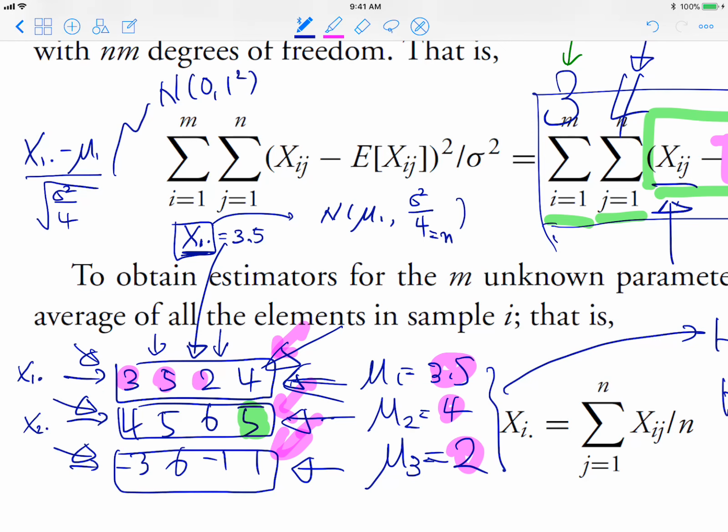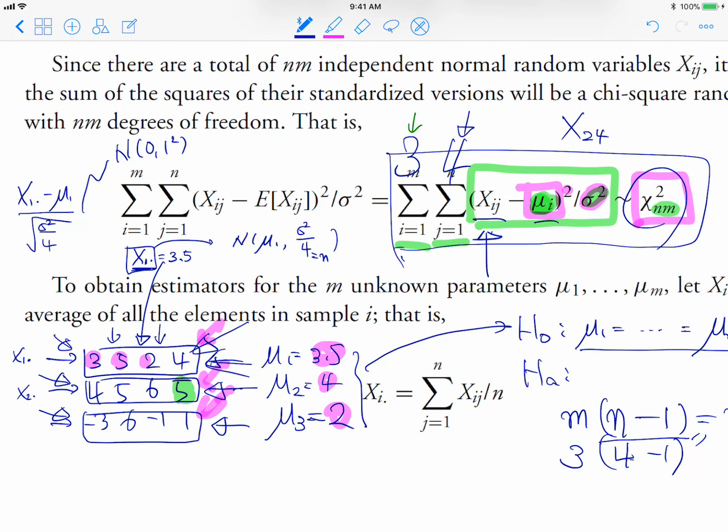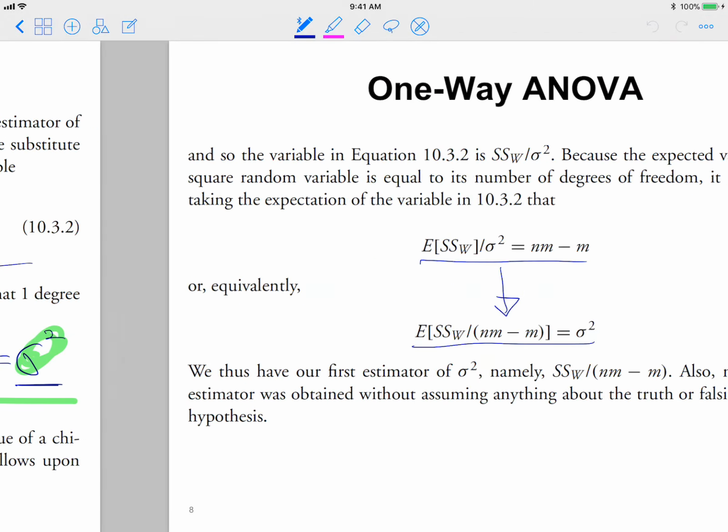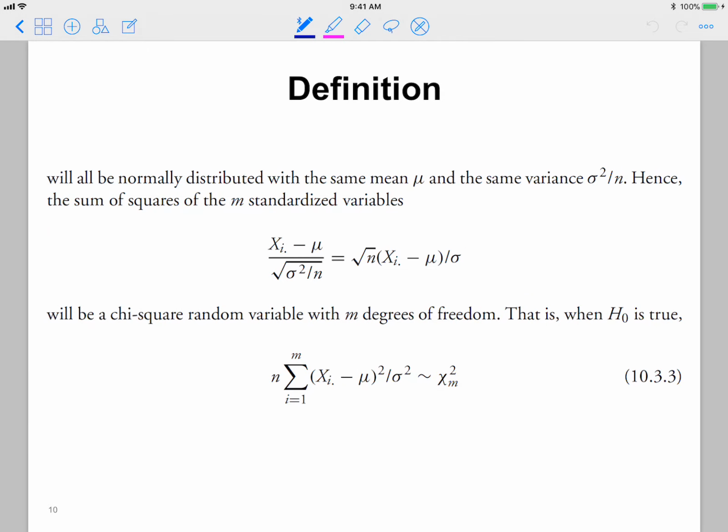And then we can obtain another standard Gaussian distribution after standardizing x2 dot and also x3 dot. And then we basically have three different standard Gaussian random variables. And this is the one that we are using in this second estimator for the sigma squared.